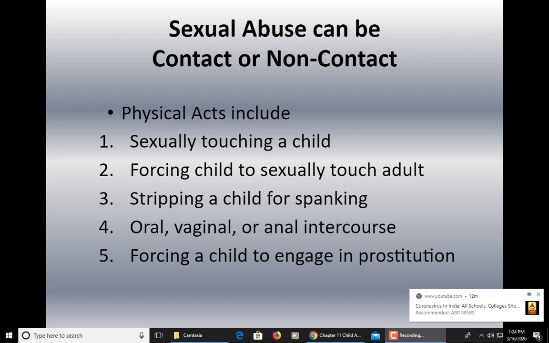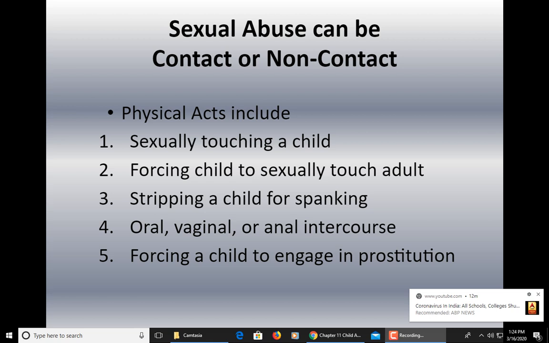The contact can be on the adult as well, to forcibly sexually touch the adult. Stripping, spanking a child. Some people actually get sexually aroused by stripping and spanking their child. They say it's for discipline, but they're actually doing it for sexual arousal. Oral, vaginal, and anal intercourse.